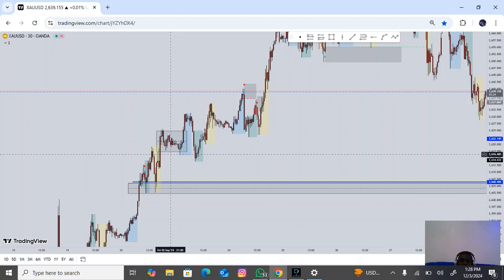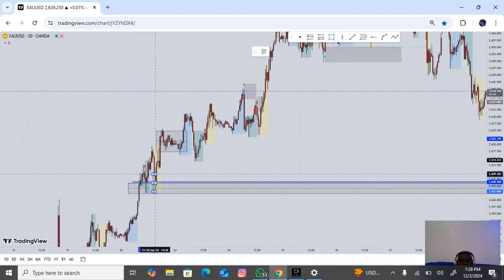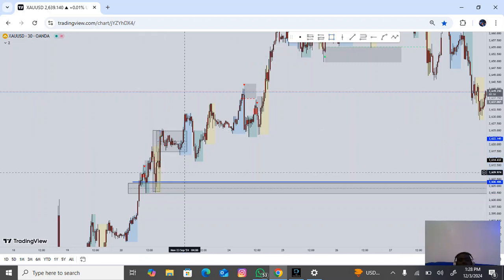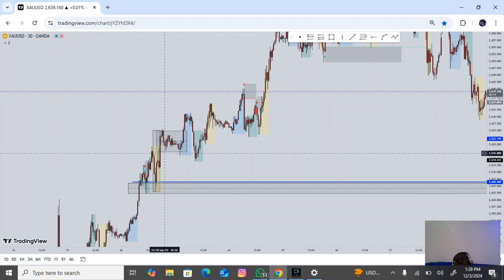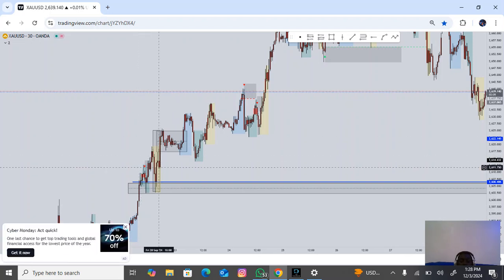So this is kind of a flag pattern. I would say yes, this is kind of a flag pattern. As you can see, it's similar to what I drew, right? As you can see, price making higher highs. This is a bullish flag pattern.